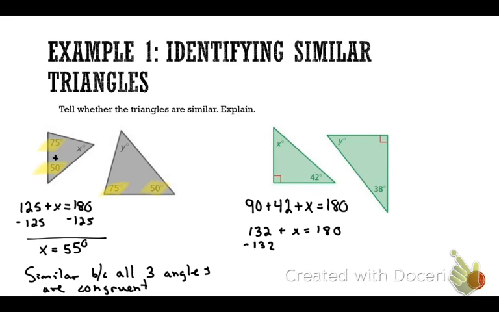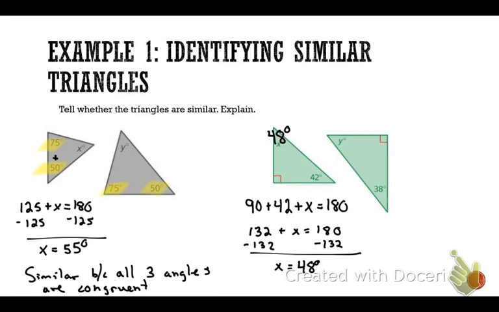Subtract 132. And x has to equal 48. Okay, in order for these three angles to add up to 180, x has to be 48. All right, so I know all three of these angle measurements, 90, 48, and 42.